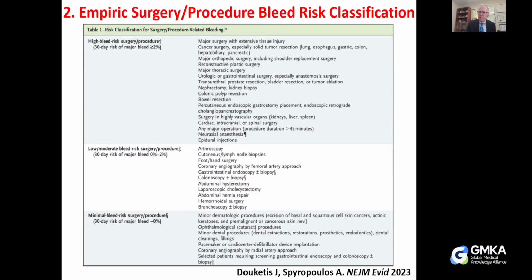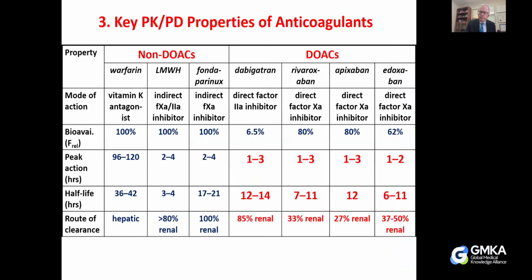These are two important foundational steps when you're assessing a patient on an anticoagulant or an antiplatelet drug who needs an elective surgery. I should also point out, if there are anesthesiologists in the audience, that any procedure that involves an epidural injection or any surgery with neuraxial anesthesia is automatically considered high risk for bleeding. We're going to focus a little bit on that because these patients deserve special attention.